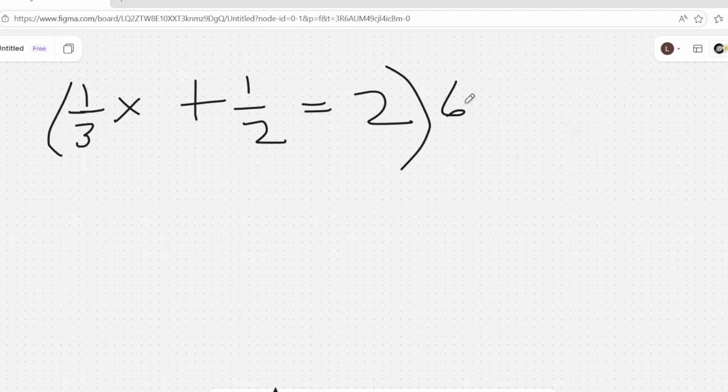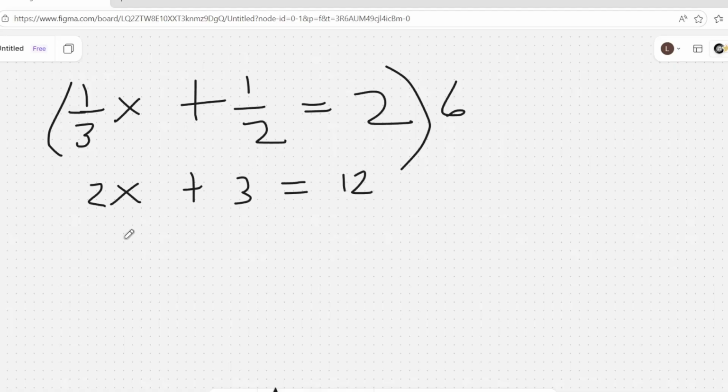So 6 times 1/3 is equal to 2x. To multiply 1/2 by 6, 6 over 2 is equal to 3. And 2 times 6 is equal to 12. So this is already a common equation.